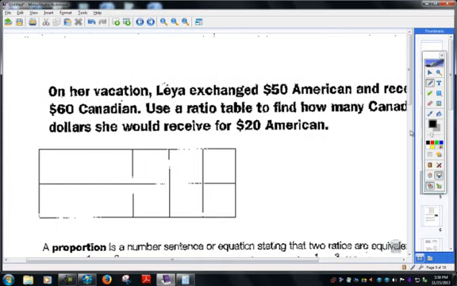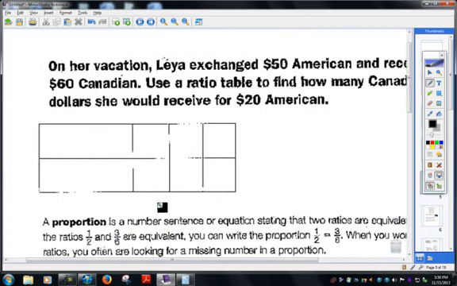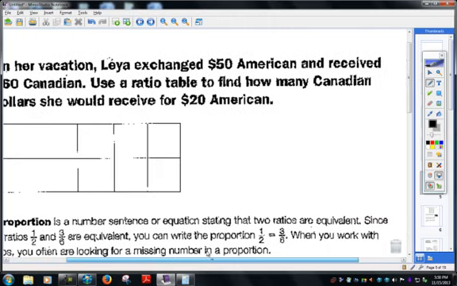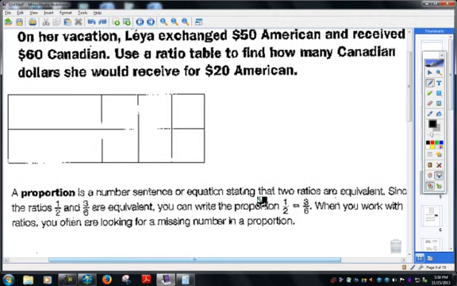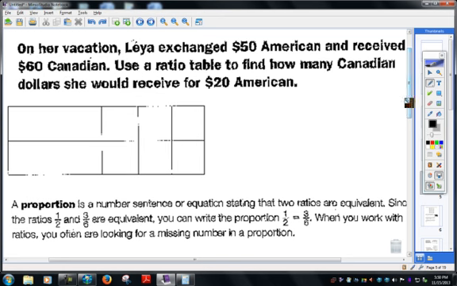Okay? On her vacation, Leia exchanged $50 American dollars and received $60 Canadian. Use a ratio table to find how many Canadian dollars she would receive for $20 American. So up here we're going to call this our American dollars, and then down here we'll call it the Canadian.